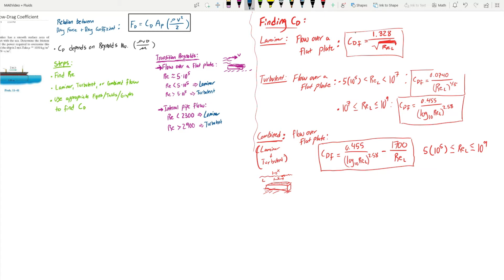One good table I did find in the book that I'm going to write down right now is, let's use another color, table 11-3. This gives you drag coefficients for various shapes.